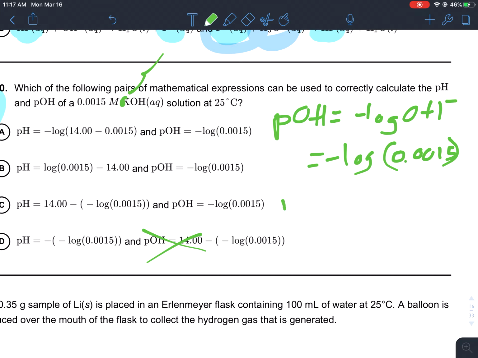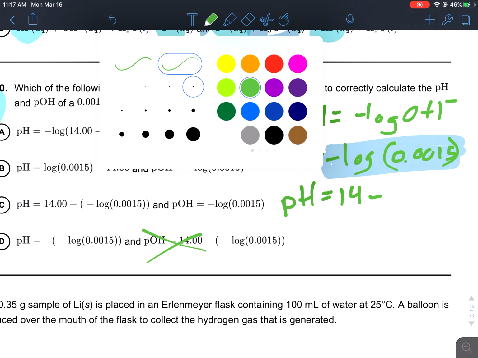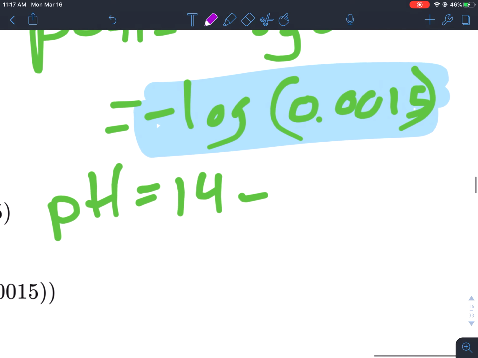Now, to get my pH, I have to get 14 minus all of this. But it's, oh shoot, it's minus the negative log. Shoot, that's the answer to that past question, why I did it wrong. I was wrong, not the question. I don't remember what question it is, but I said that they might have made a mistake. They didn't.